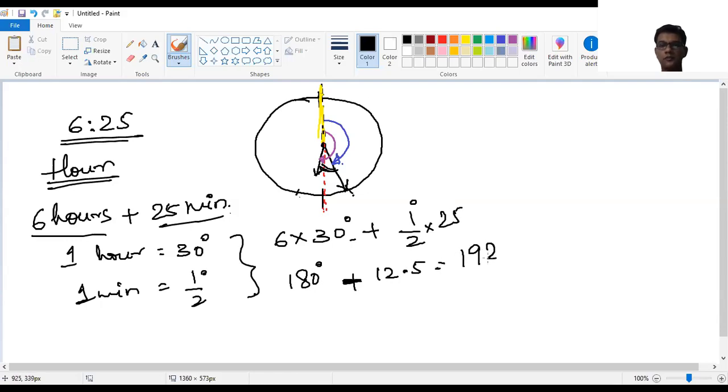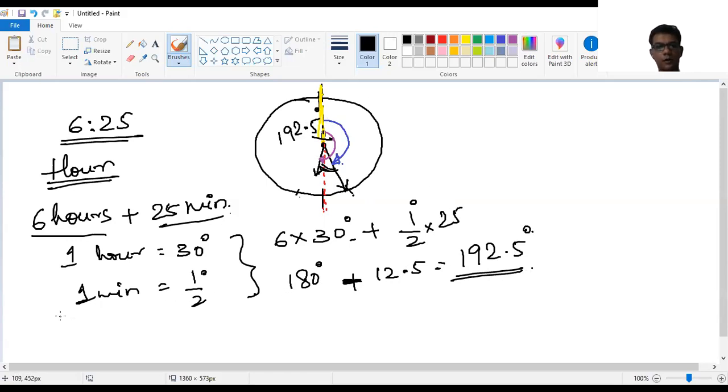That's 192.5 degrees the hour hand has moved with respect to the vertical line, which means the purple color angle here is actually 192.5 degrees.